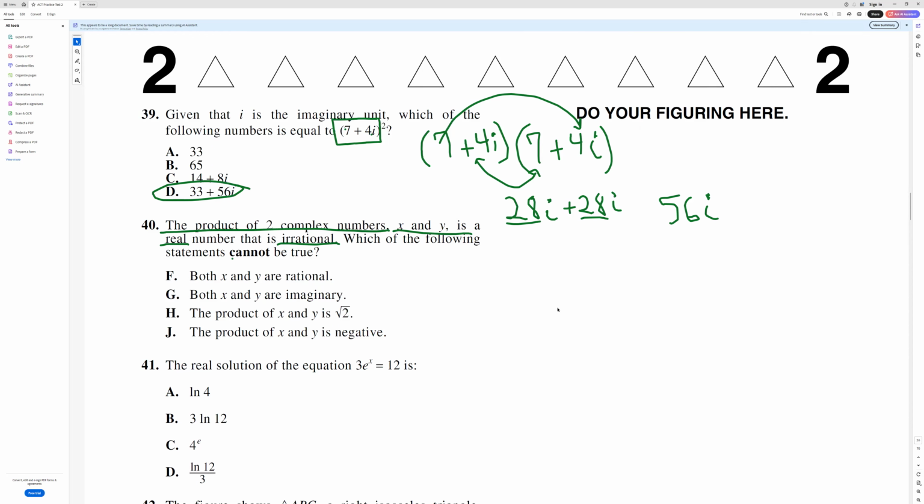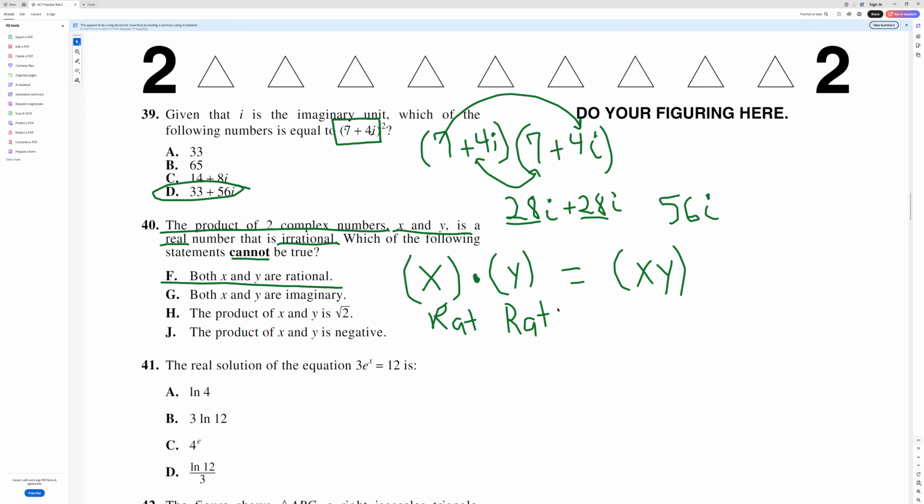Okay, so both x and y are rational. That's the key right there. If x is rational and you multiply it times y, which is also rational, when you multiply two rational numbers, you always are going to get xy, by definition, by law, always rational.